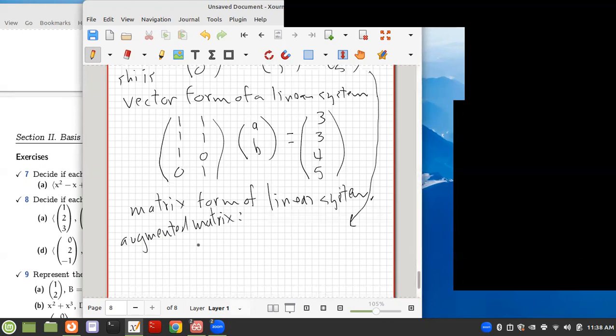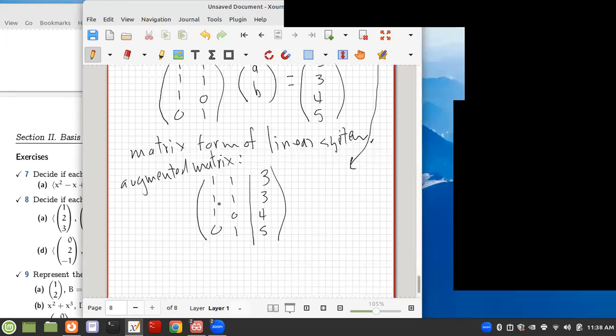So here's the augmented matrix: 1, 1, 1, 0, 1, 1, 0, 1, vertical bar for augmentation, 3, 3, 4, 5. Okay. So then we apply Gauss's method to this augmented matrix, and we'll find whether there's a solution for A and B. Well, let's do that.